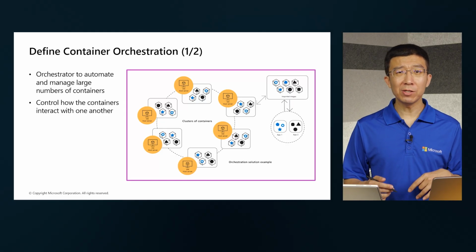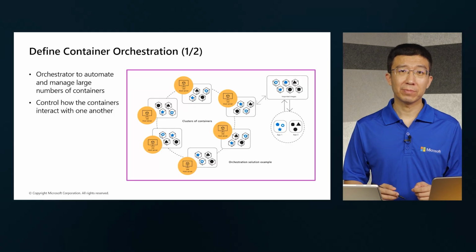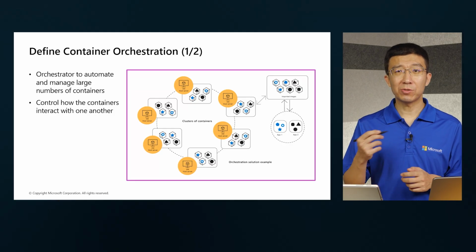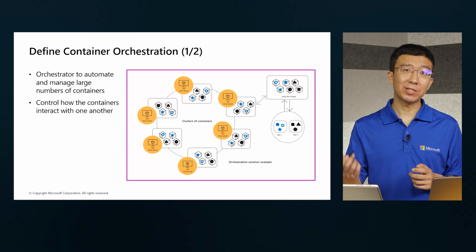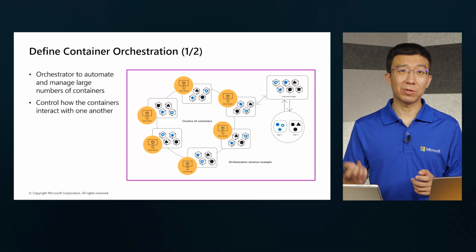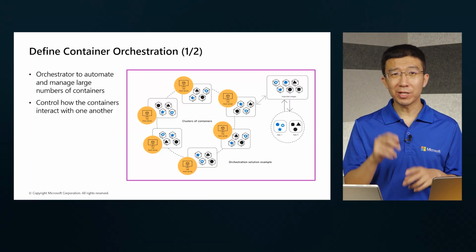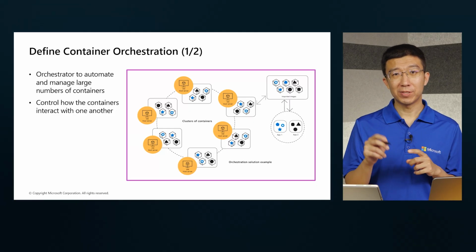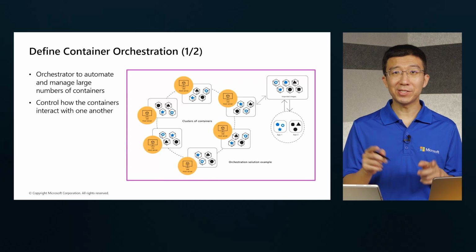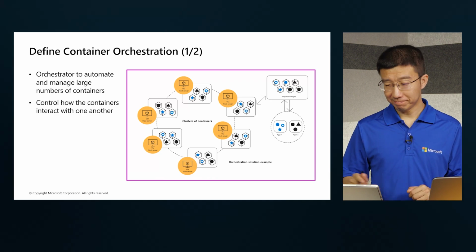But with hundreds or thousands, you need automation. Think of orchestration like a conductor leading an orchestra, making sure every instrument, or container, plays at the right time.